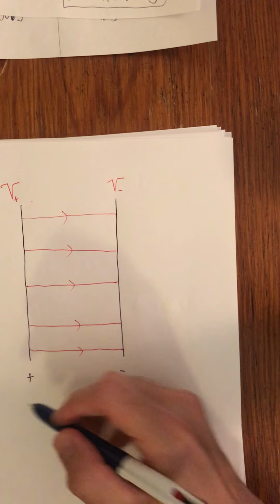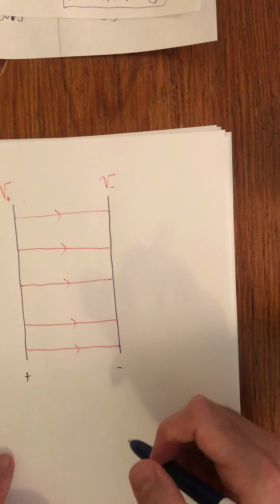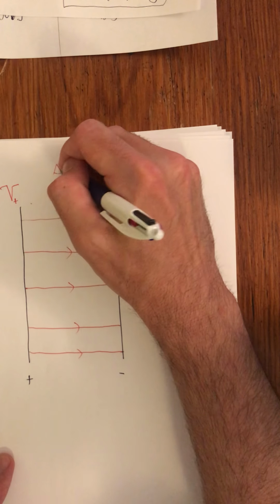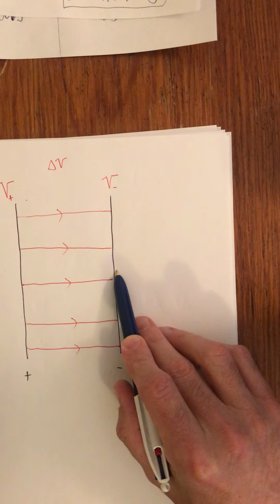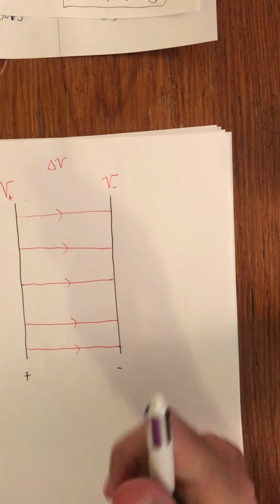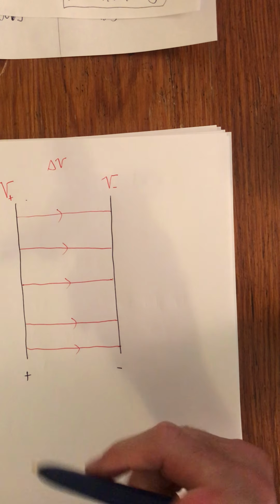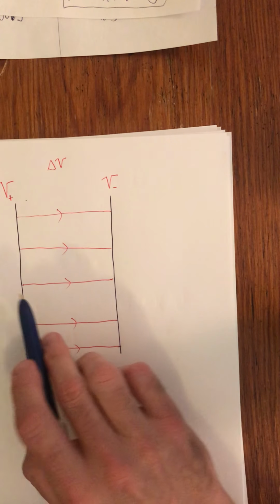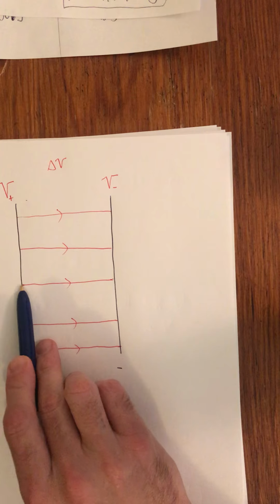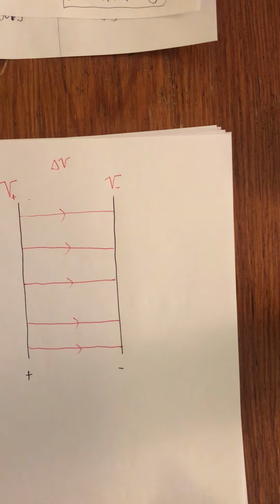That must mean in this region in space, there exists a difference in potential between the positive plate and the negative plate, okay? A difference in potential. Once again, anywhere where there's a difference in potential, you're going to have an electric field pointing from the higher potential to the lower potential.